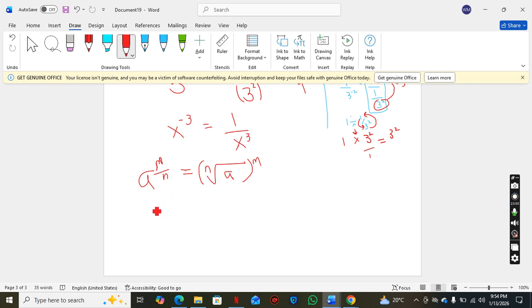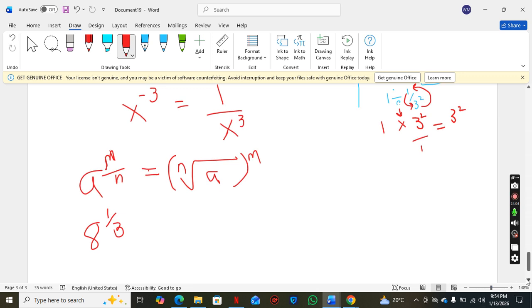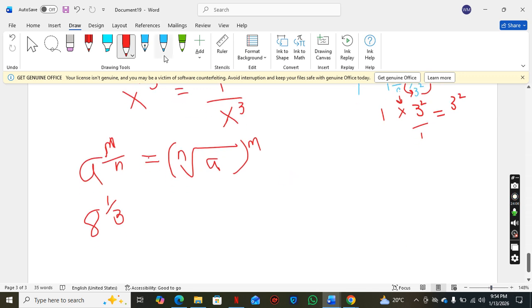For example, if you have 8 to the power 1 over 3, always remember the denominator is what determines the root. As you can see here, this denominator was this root here. So here, it means we're getting the cube root of 8. Cube root of 8. So the denominator is what determines the root.